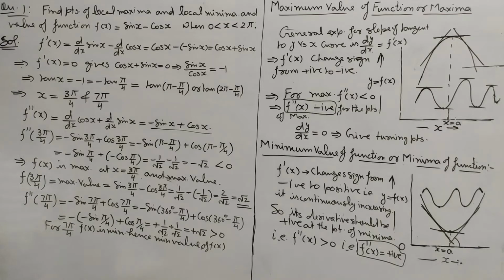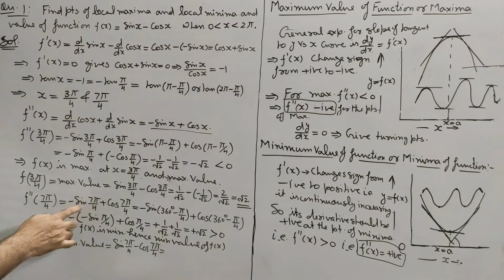So for 7 pi by 4 fx is minimum, and hence minimum value of function will be f 7 pi by 4, and if it is minimum value then it will be sine 7 pi by 4 minus cos 7 pi by 4, and 7 pi by 4 already we know 360 minus pi by 4. So it will be sine 7 pi by 4 means sine 360 minus pi by 4.